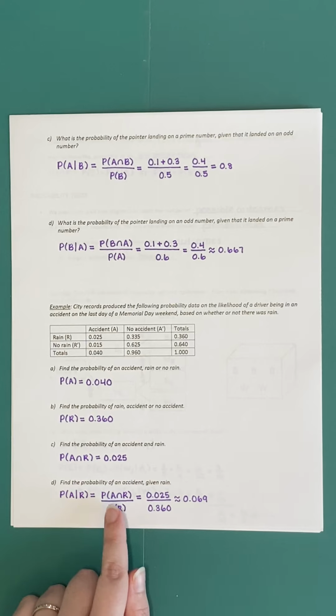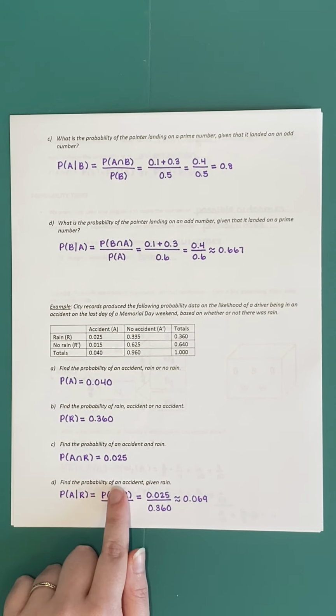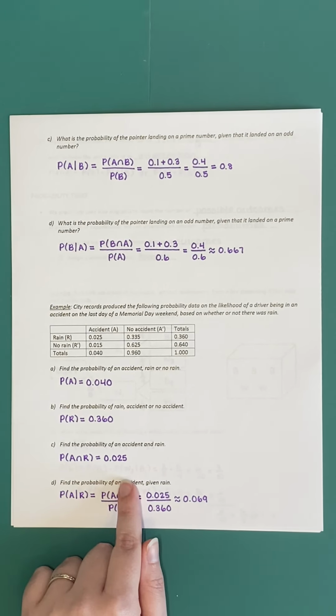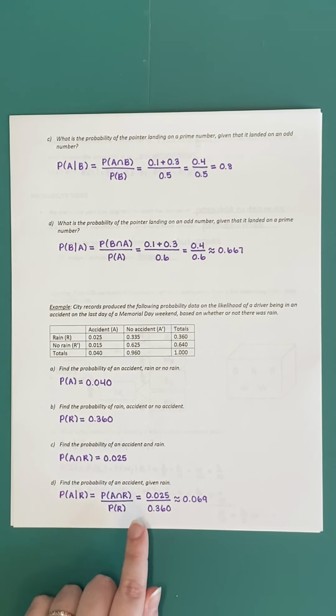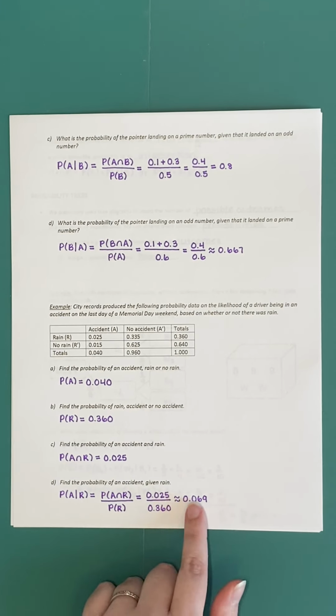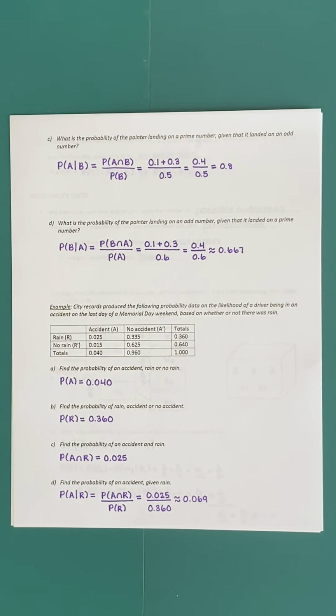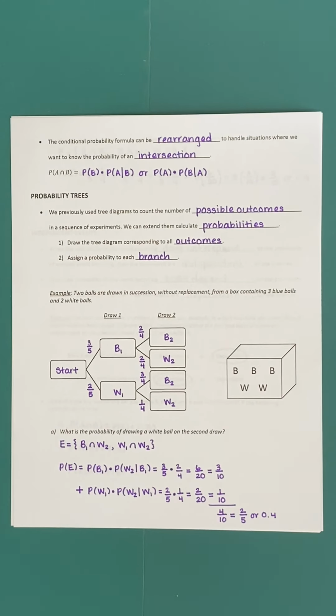So rather than looking at all the possible outcomes, we're just looking at the outcomes associated with rain having occurred. So given that rain occurred, the probability that there's an accident is going to be the probability that both occurred divided by the probability that that conditional event occurred. And that's going to come out to 0.069.